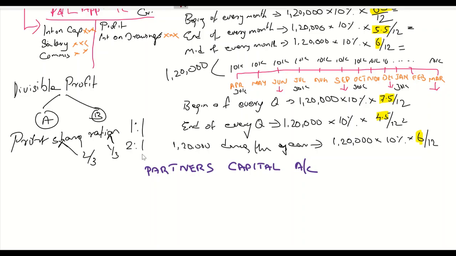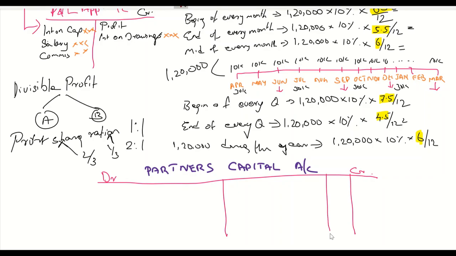The only difference here is you will have the same ledger, but since there are more partners here, you will have an additional column for mentioning the partners separately. So if there are two partners A and B, then you will have two columns on the debit side and two columns on the credit side, one for A and one for B.